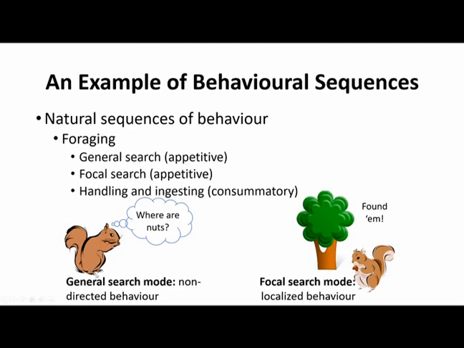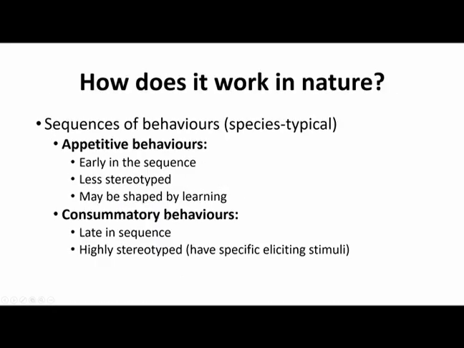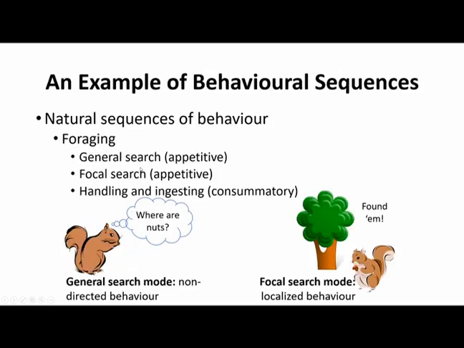And so to go over that example again, our early appetitive behaviors would fall under this general search mode where it's non-directed, it's a lot less stereotyped, the behaviors are a little bit looser. So things like general search or even a focal search of once you're in the tree looking for those nuts.